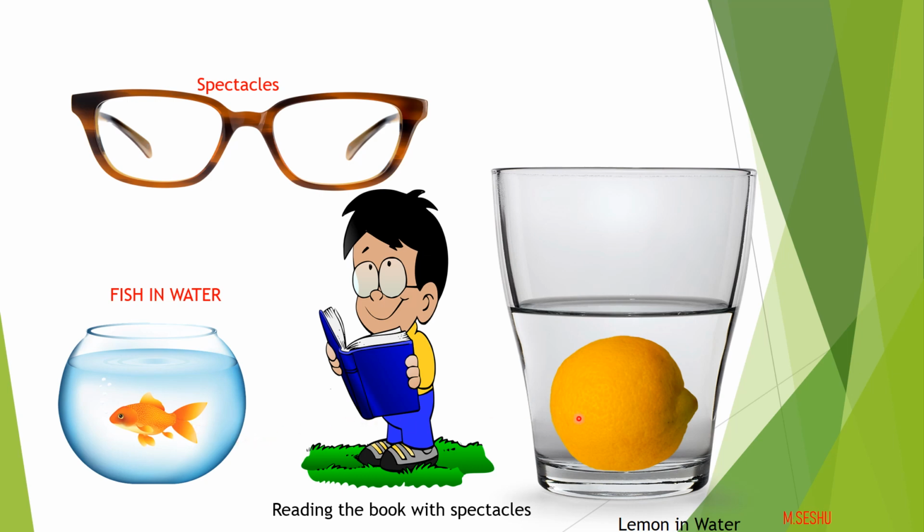Here also, if you observe the lemon in the water from outside of the glass, you will find that the lemon is slightly bigger and appears to be raised. What might be the reason behind all these things? We will learn.